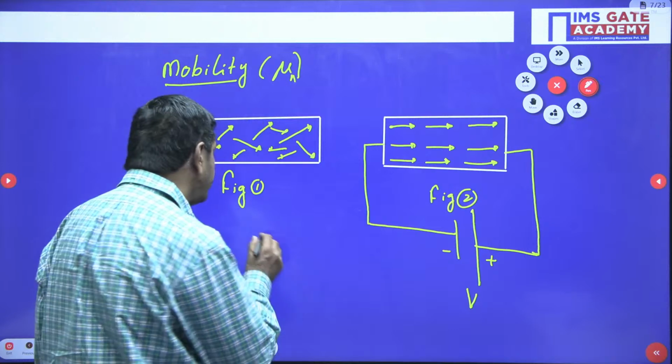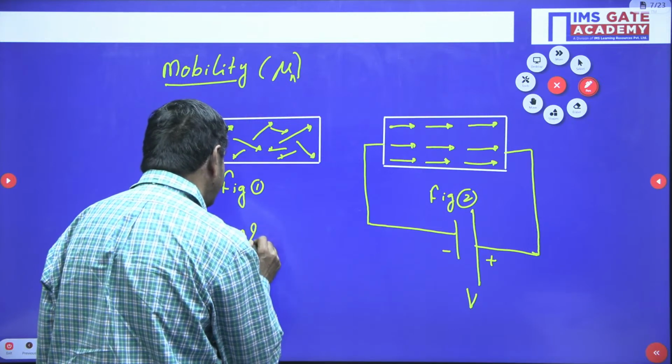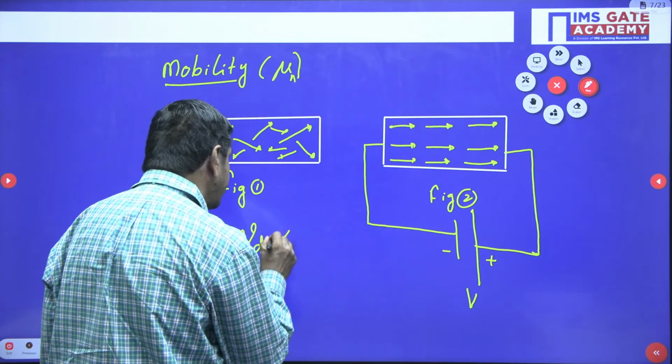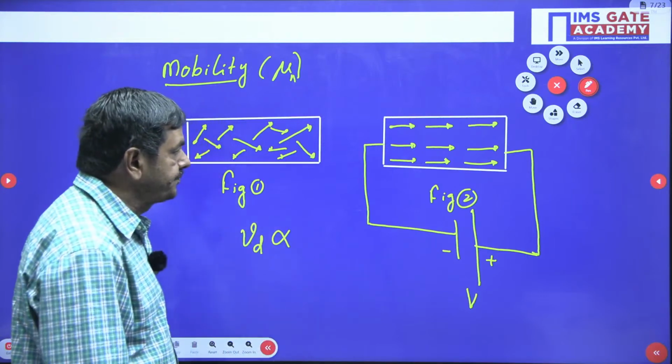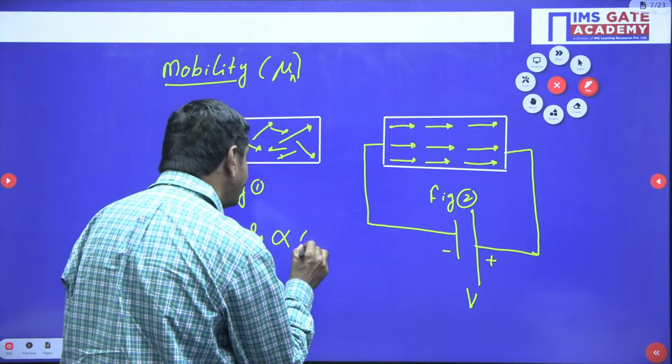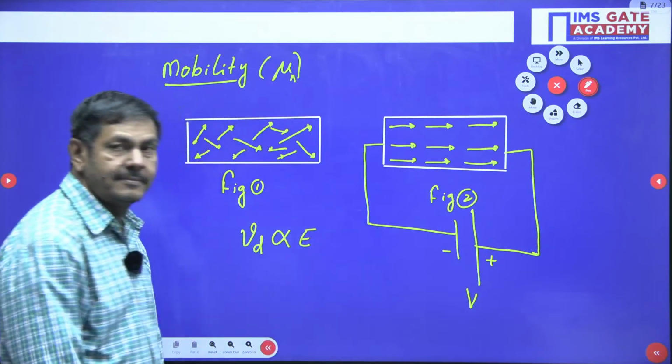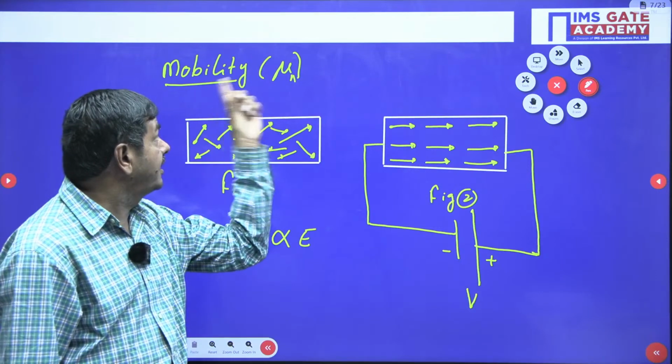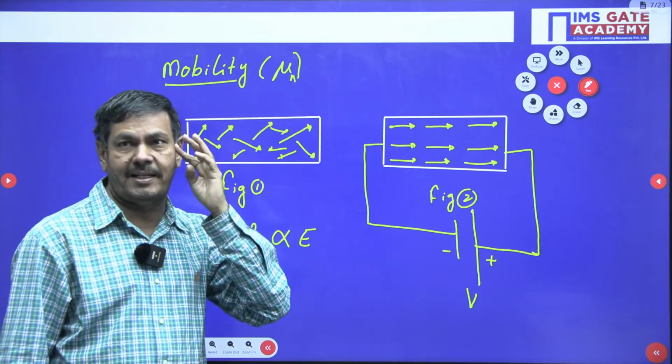So how can we measure this drift velocity? Drift velocity is directly proportional to electric field intensity. First of all, the mobility definition is required.